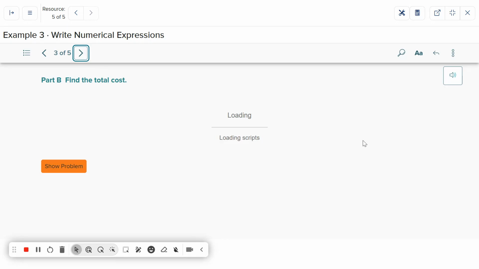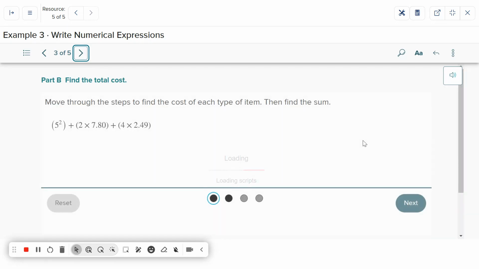So then, once you've written it, they usually want you also to solve it. So let's go ahead and try that out. So we've got 5 squared plus 2 times 7.8 plus 4 times 2.49. The steps are parentheses first, the grouping symbols first, but we have 3 grouping symbols.